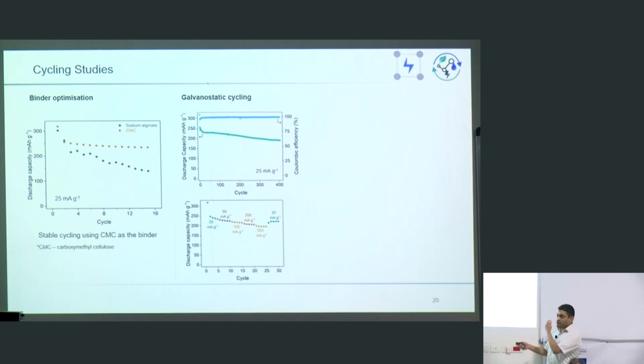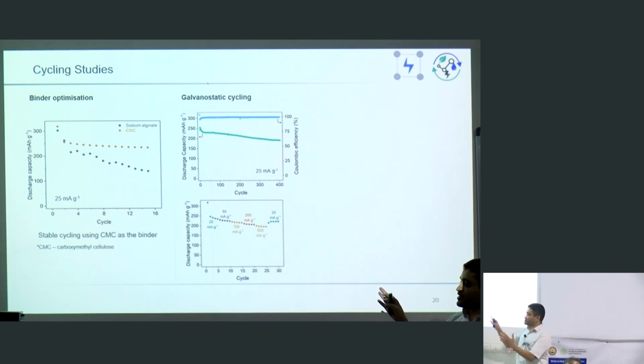In this case, we start with low current densities, we go up to higher current densities, and then we suddenly go back to lower current densities. Upon lowering the current densities, if you are able to get the same amount of capacity that we had at the beginning, this is a good battery material. So this experiment is validating that.